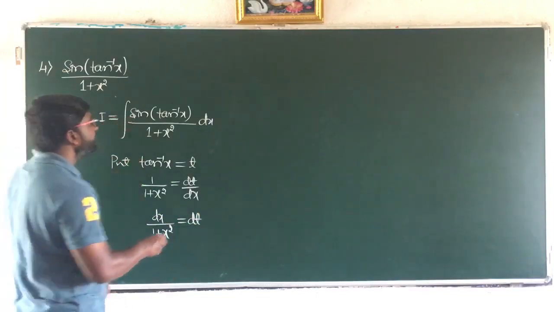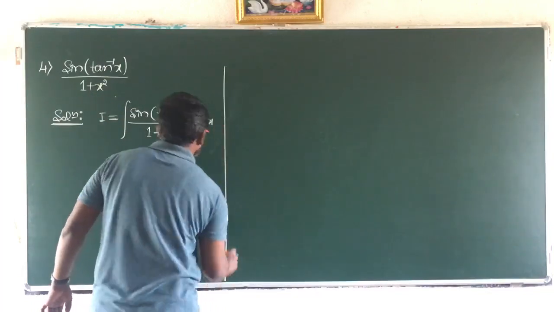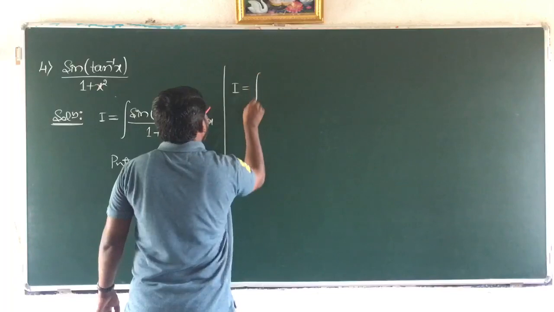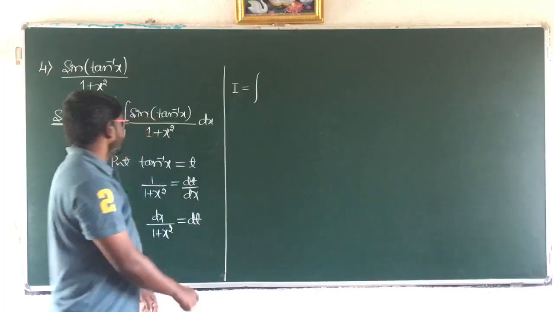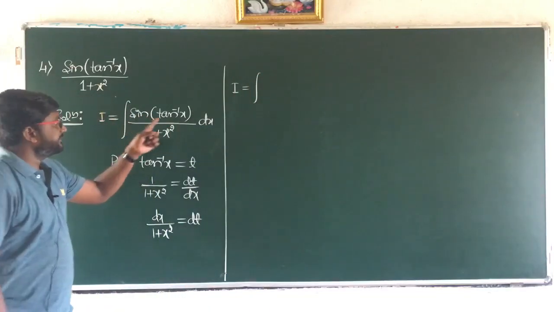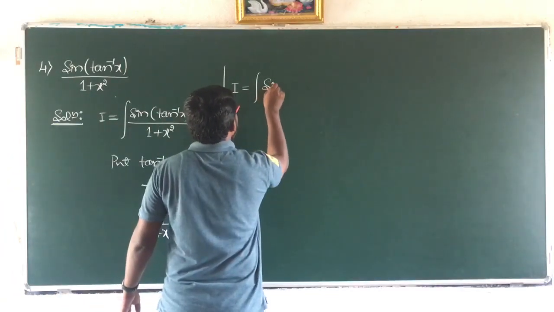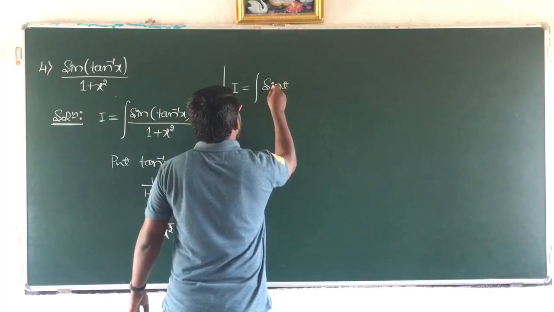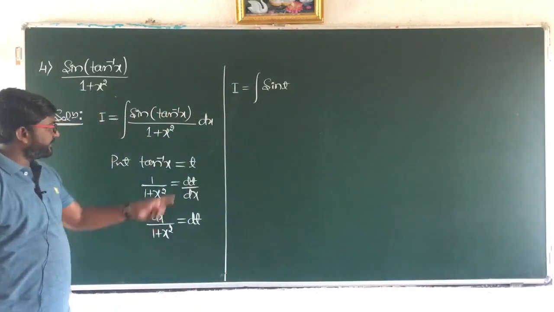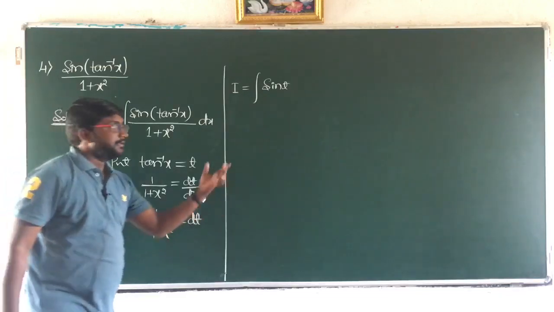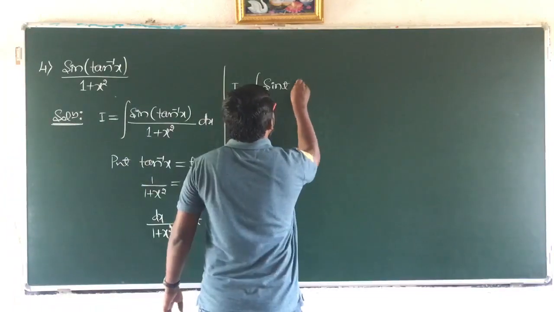So rewrite the integral now. I, which is equal to the integral of, see here, sine, write it as it is, then tan inverse x will be t. So we get sine t, then dx divided by 1 plus x square is dt.